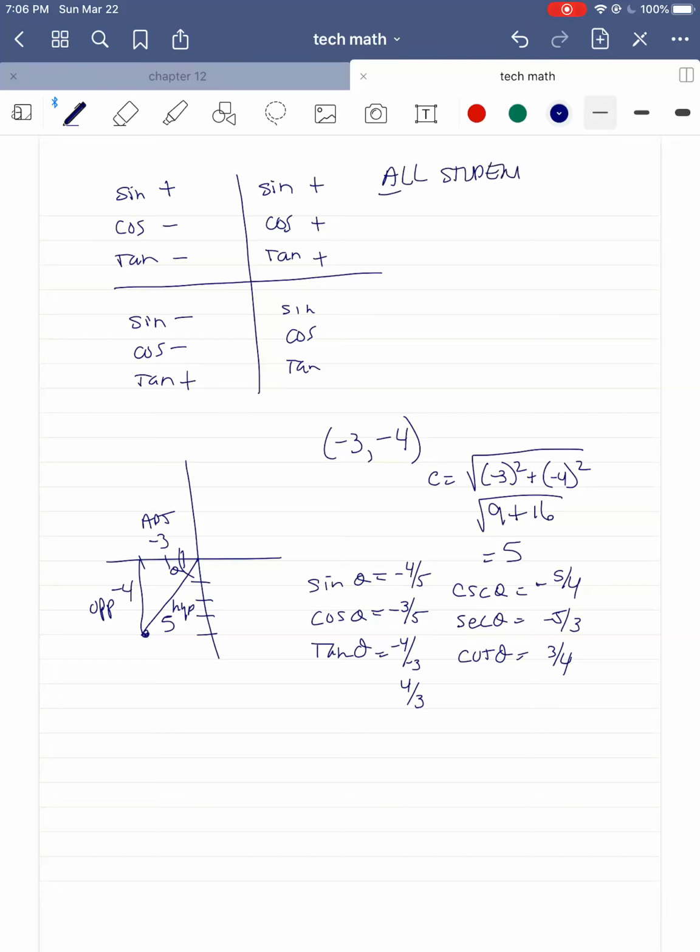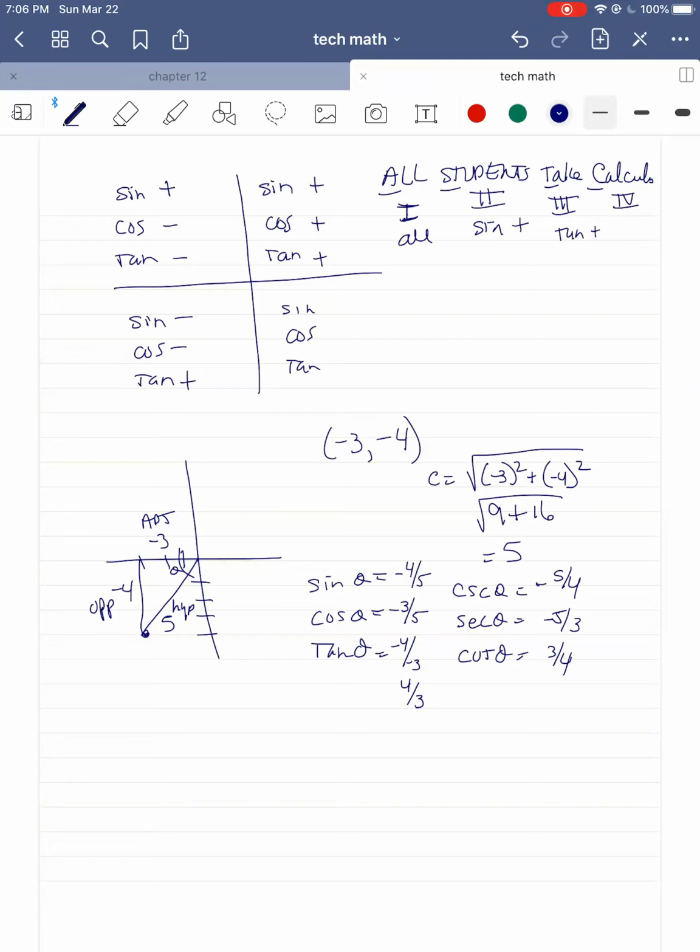All students take calculus. The A stands for first quadrant. All of them are positive. This is the second quadrant. Sine is positive. This is the third quadrant.